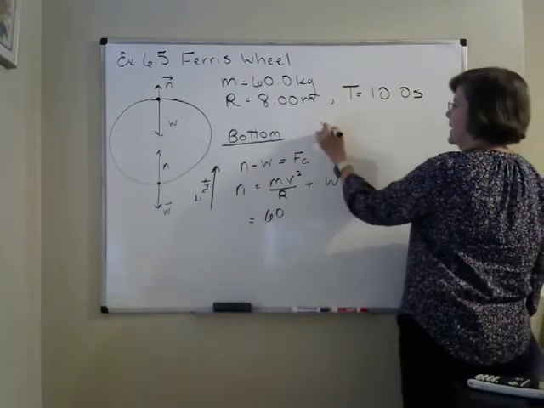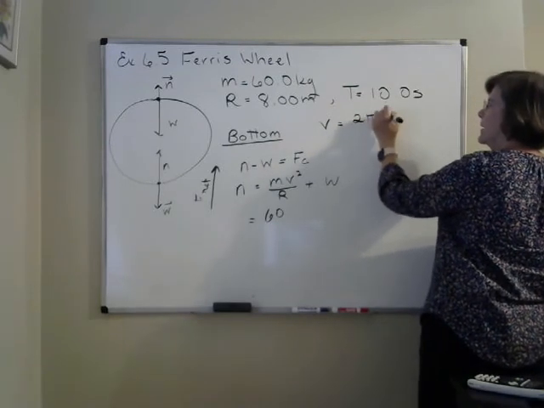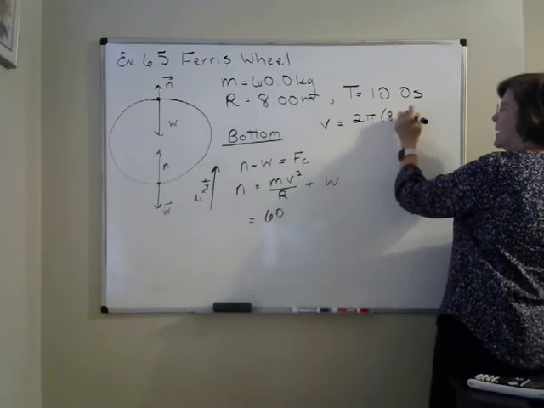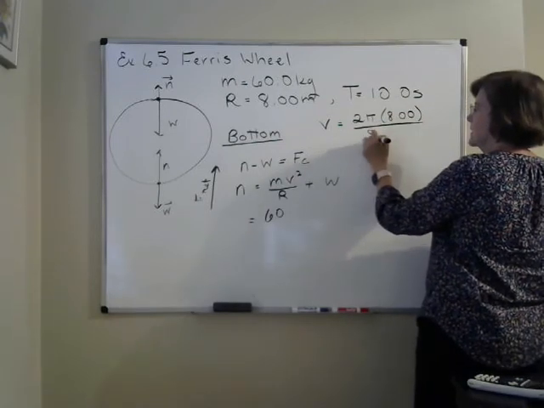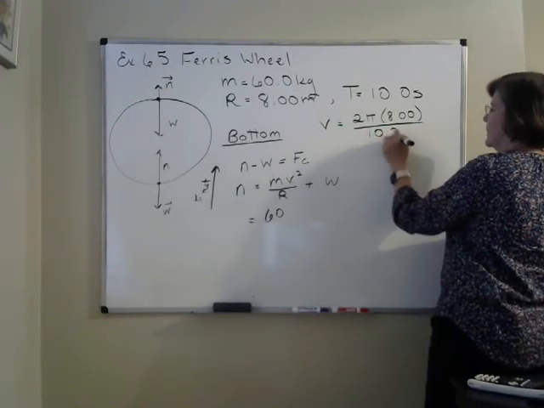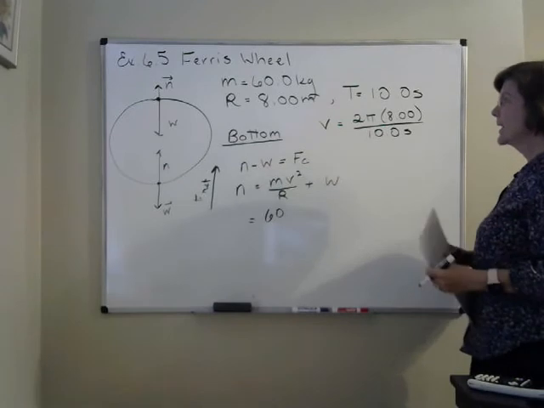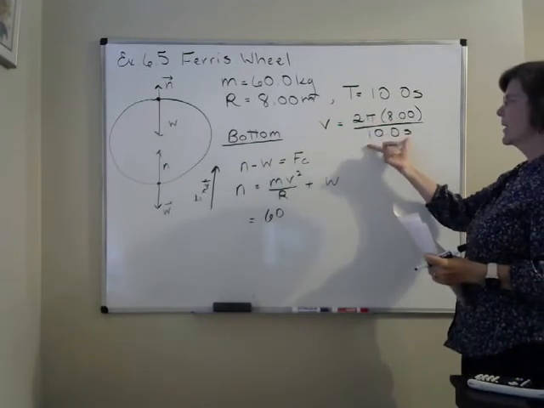The speed is the circumference, 2 pi r, over the period. Said that wrong. Your speed is the circumference, 2 pi r, divided by the period.